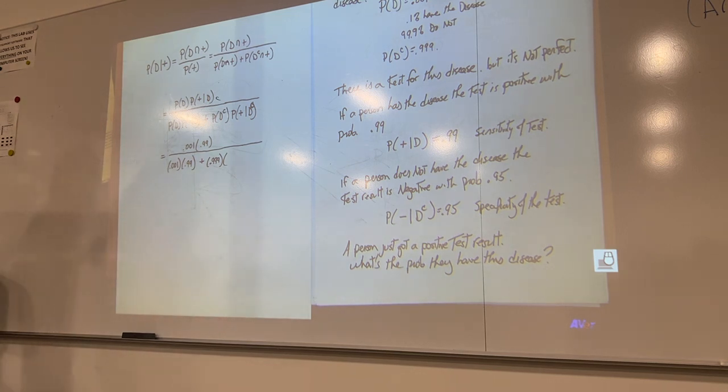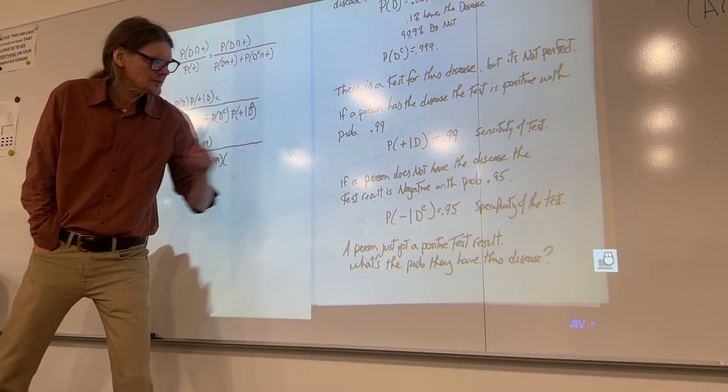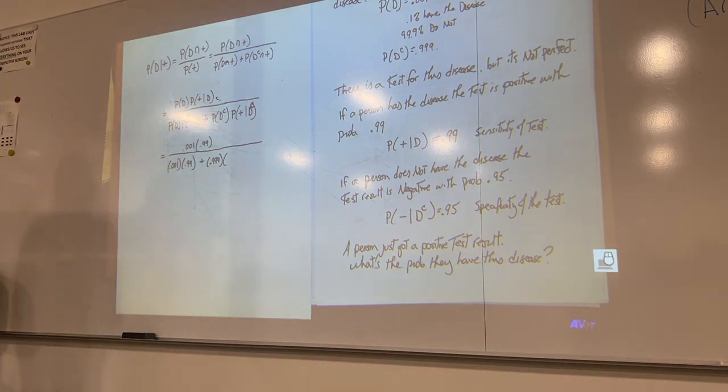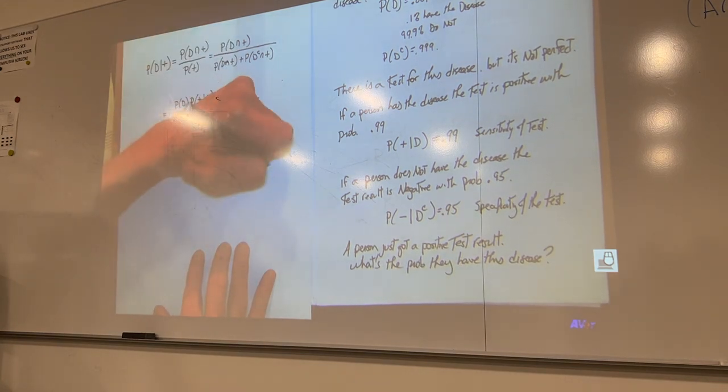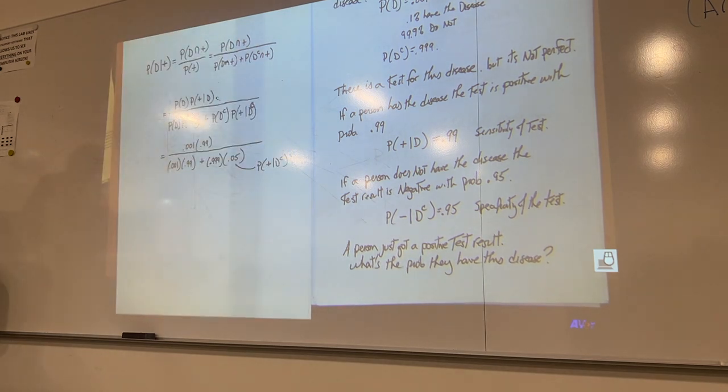So based on that, if a person does not have the disease, what's the probability that they'll get a positive test? 0.05? 0.05, right? Don't forget, those are gonna be those branches in that tree there, right? Or 1 minus 0.95, but 0.05. Okay, this is the probability of a positive test result given you don't have the disease. There you go, there you go.